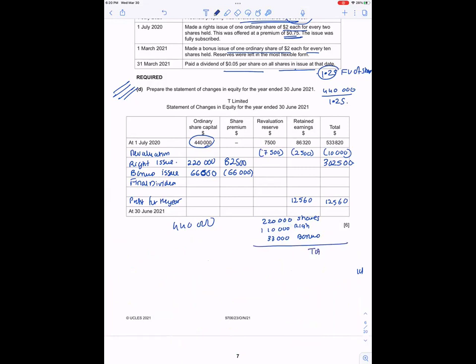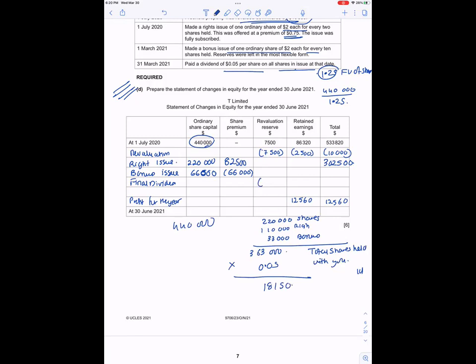So the total shares held are 220,000 plus 110,000 plus 33,000, which is 363,000. On that, you are giving a dividend of 0.05, so a total dividend of 18,150.